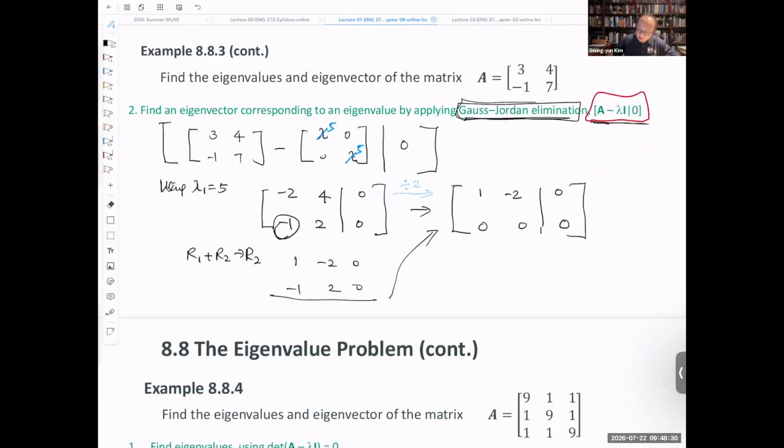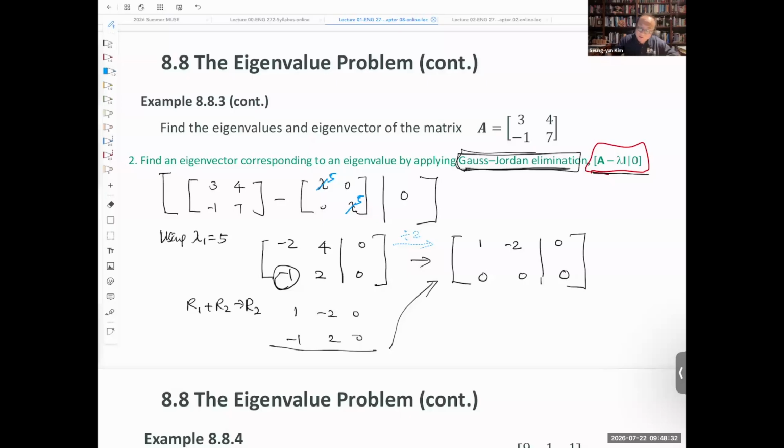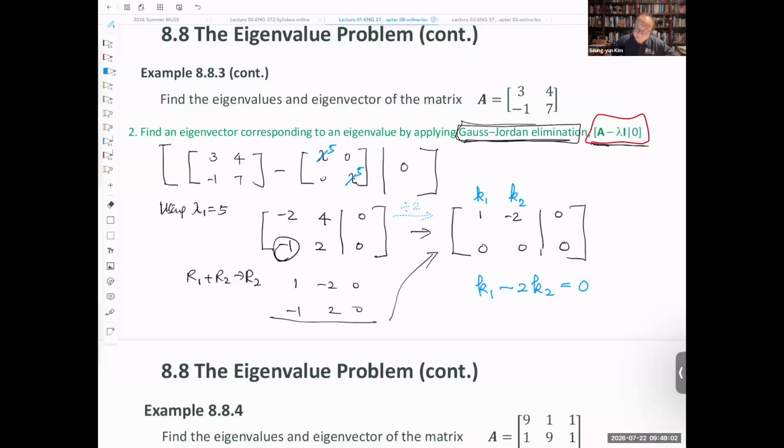To find the x and y, I'm going to call this row a lowercase k1, lowercase k2, and then simply multiply these two. So we have 1 times k1, k1, minus 2 times k2, that equals 0. So from this relationship, we have k1 equals 2k2. So as long as your vector satisfies this condition, you're just fine.